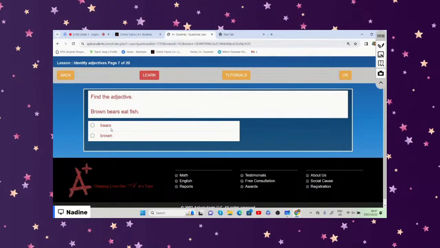Is it bears or is it brown, to describe the bear? So brown bears eat fish. So what type of bears eat fish?